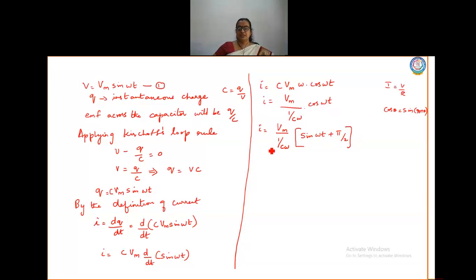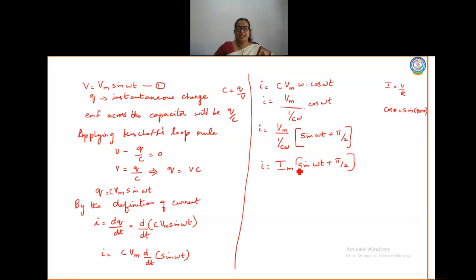So this is nothing but what you call the instantaneous value of current. And we know the current equation: I = Im sin(ωt + π/2).